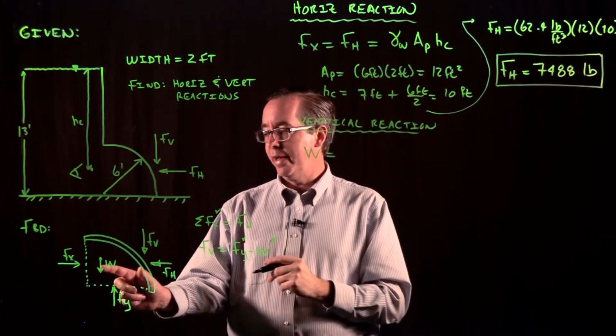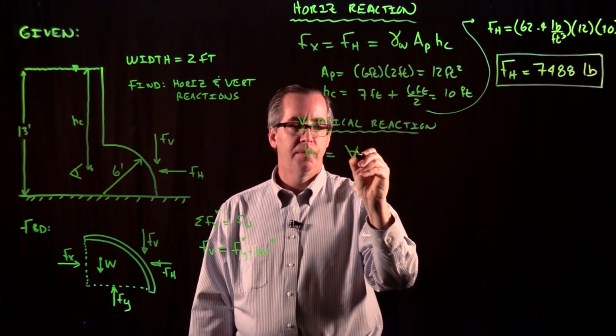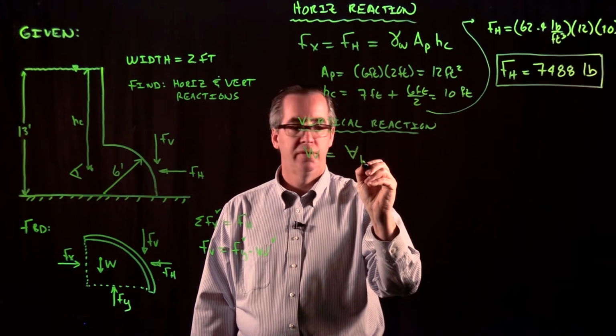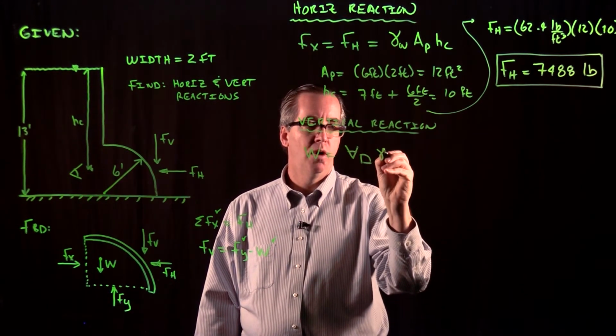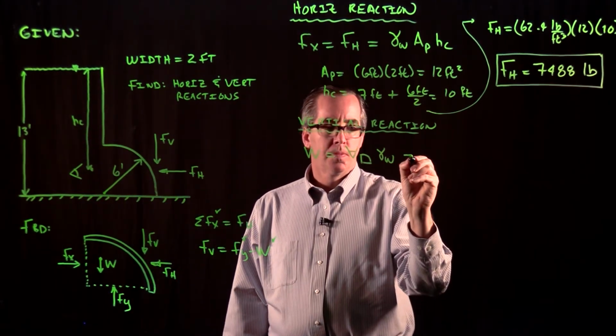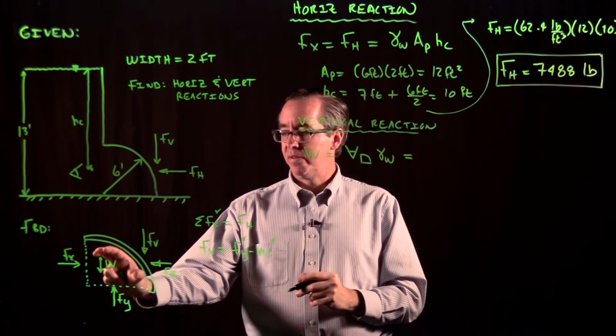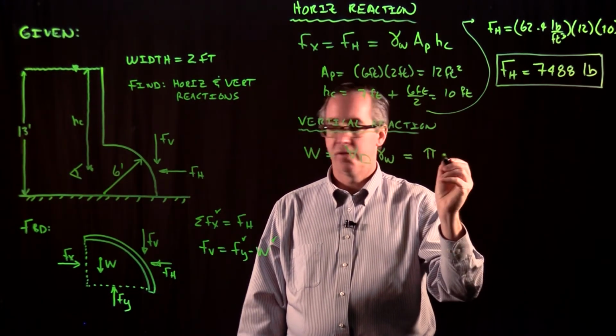Okay. The weight is going to be the volume of this body of water. So I'll use this for my symbol for volume, and then I'll just show this as a quarter circle times the gamma of water. Okay. Now to get the volume of this quarter circle, we're going to look at the area. The area of a circle is pi r squared.